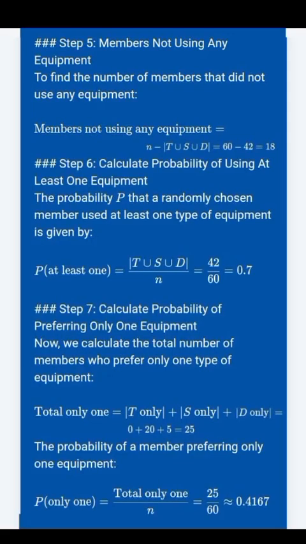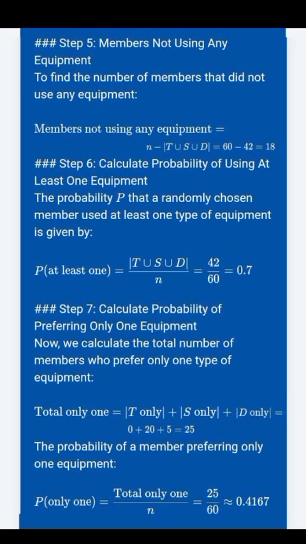Then task number 2 was to find the probability of those who use at least one equipment, which means the probability of those who use 1 equipment, 2 equipments, and 3 equipments. So we just get the total number, which was 60, and we minus those who never use any. 60 minus 18, and we get 42.